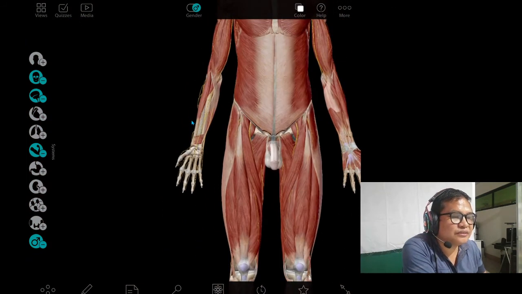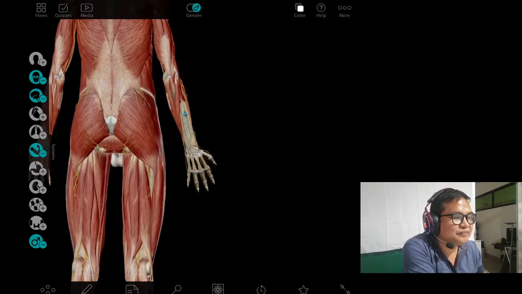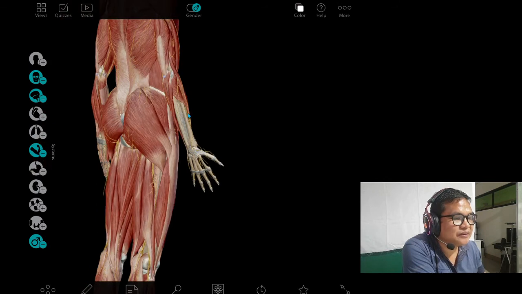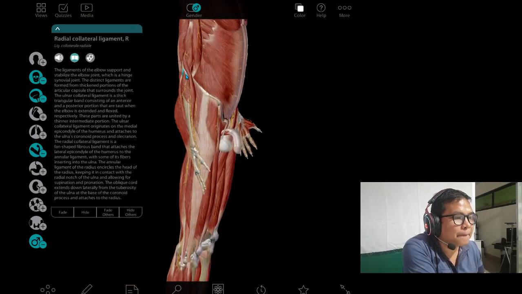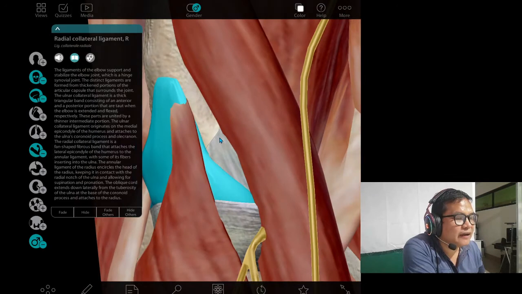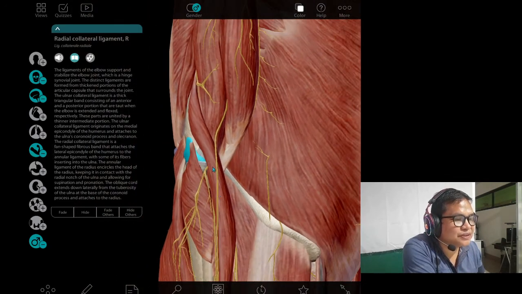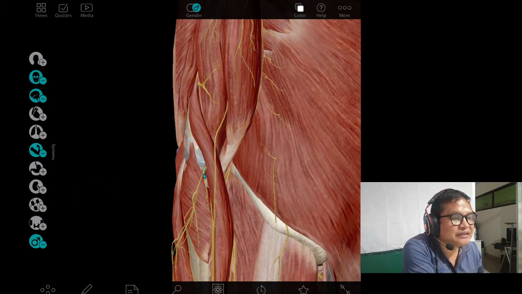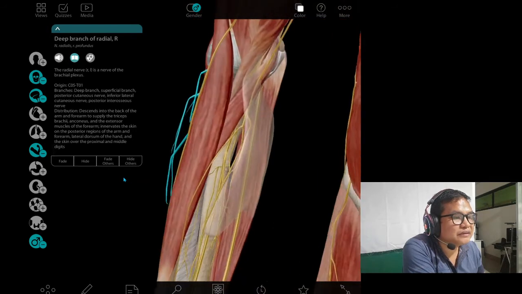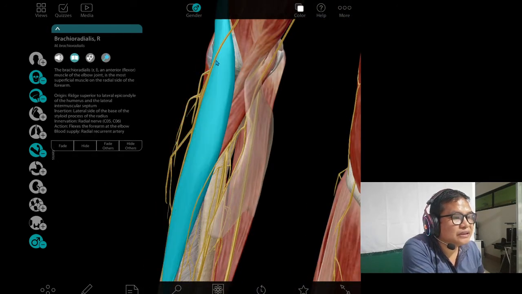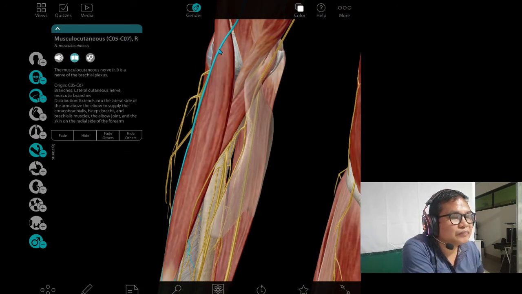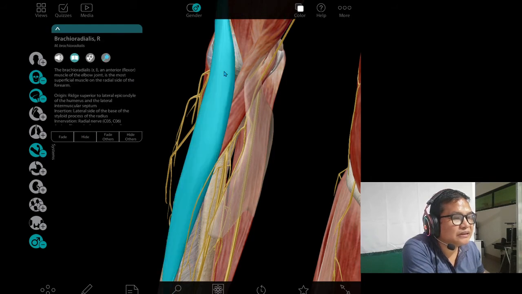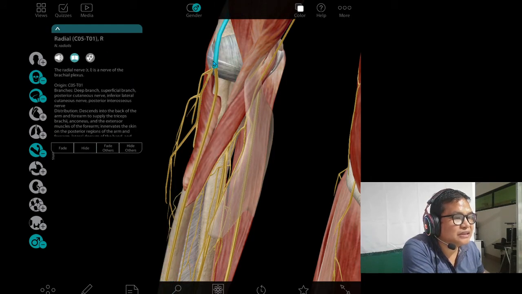Now, let's go now to the common injuries nga mahitabo, no? So, here, ang radial nerve, so we have here the radial nerve. If we're going to remove the brachioradialis, this is the radial nerve.